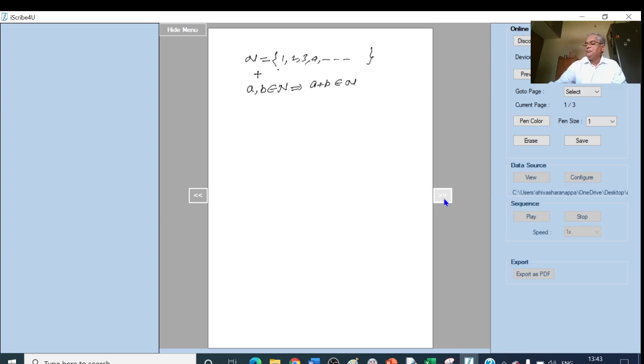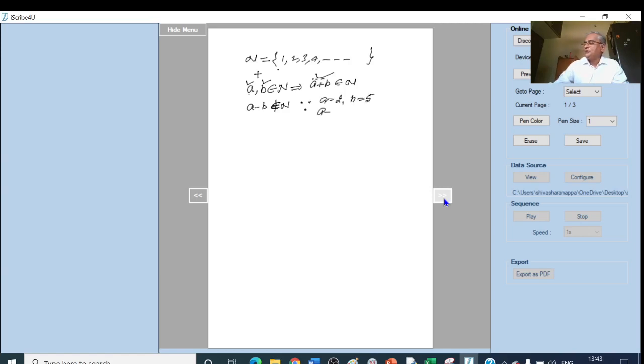Yes, because a is a natural number and b is a natural number, therefore a plus b is also a natural number. And if I go to a minus b, can we say that this belongs to N? No, this need not belong to N, because if you consider an example, a equal to 2, b equal to say 5.